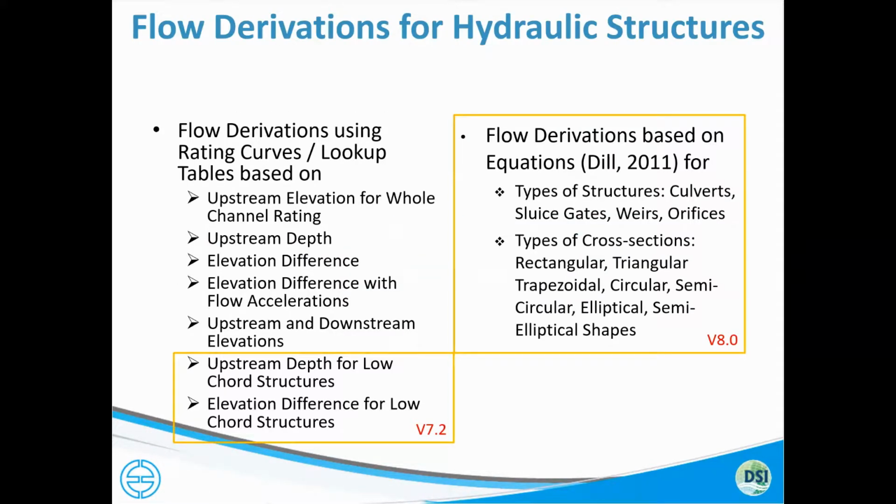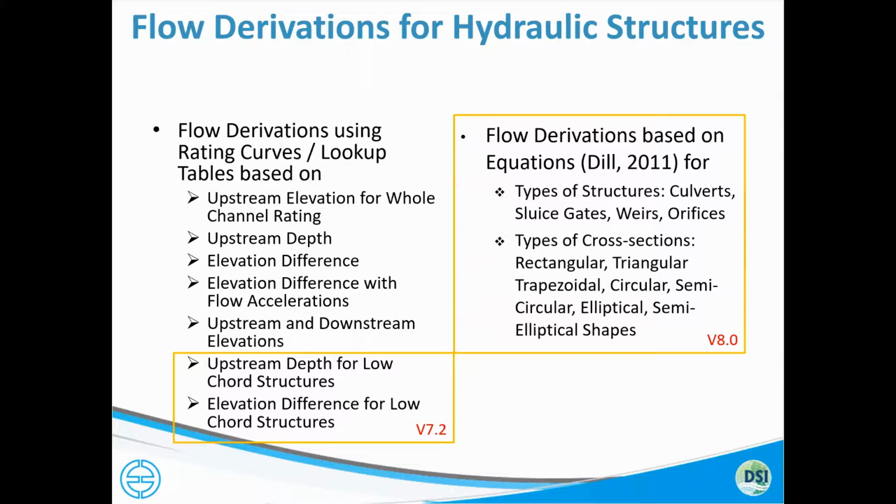So as I mentioned, originally EFDC had the ability for putting in rating curves for the simulations that could be based upon an upstream depth, an elevation difference with accelerations, and upstream downstream elevation. So you just had your typical rating curve of some head value based on these water levels, and then an associated discharge with that particular water level.